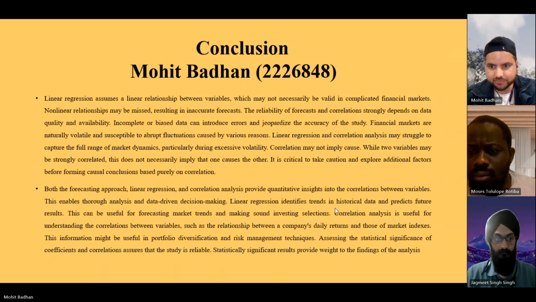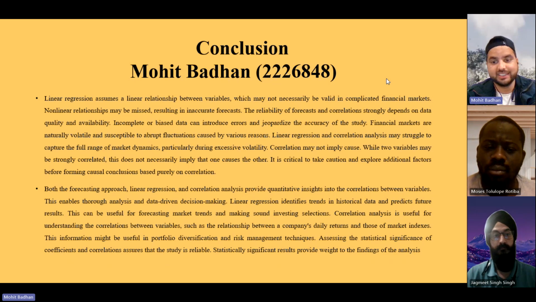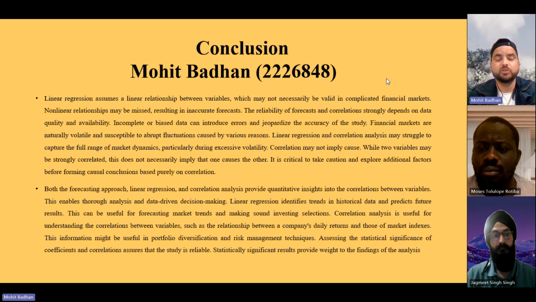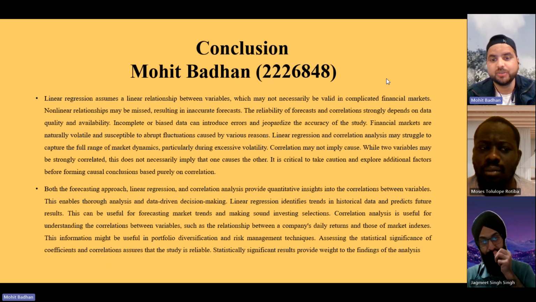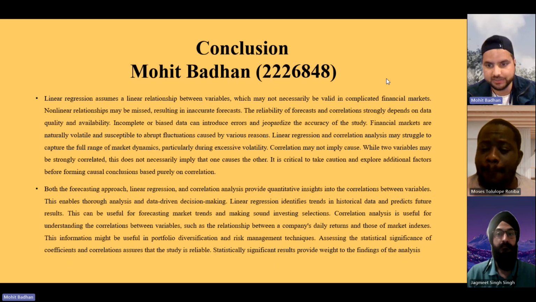Both forecasting approaches, linear regression and correlation analysis, provide quantitative insights into the correlation between variables. This can be useful for forecasting market trends and making sound investment decisions. Whenever we are going to invest a huge amount, we can apply linear regression so we can predict what the results could be based on our previous results.